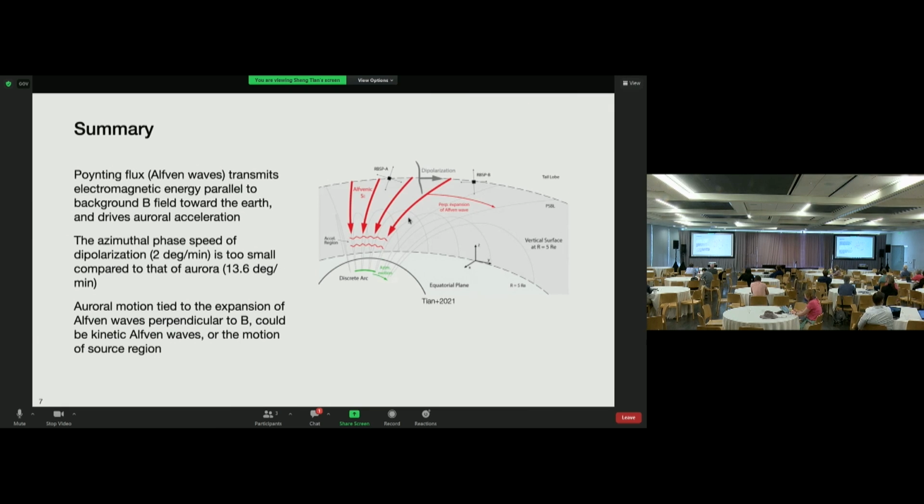They are tied together and move together westward. Then there is a much slower dipolarization, but it may relate to how Alfvénic Poynting flux is generated. That's all I want to show, and I welcome questions. Thank you.